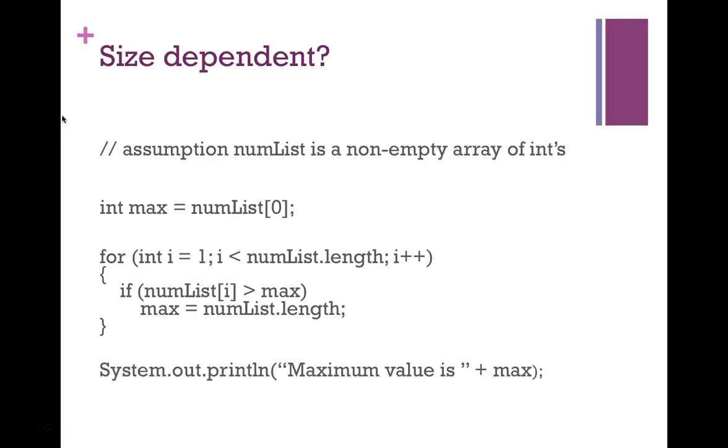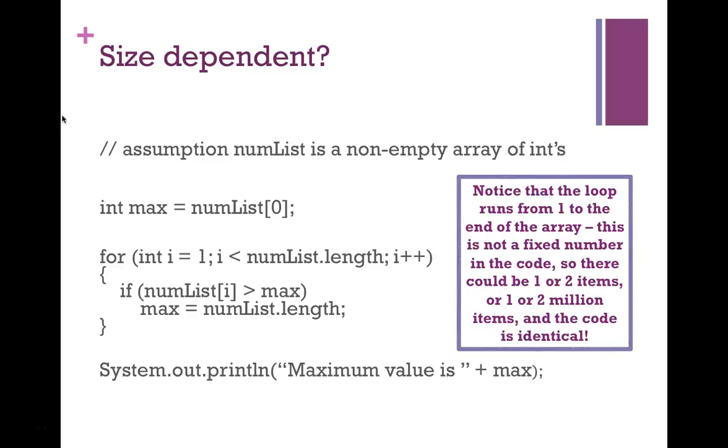And since all of our looping is done in terms of numList.length, that is a number inherent to the list, and it works for large lengths, so there could be 1,000,000 values, or there could be 5 values, or anywhere in the middle. So regardless of the size, this algorithm is going to work. Is the problem size dependent, or is this algorithm size dependent? Definitely not. So we've reached our goal of coming up with a systematic approach to finding the maximum value in a list.